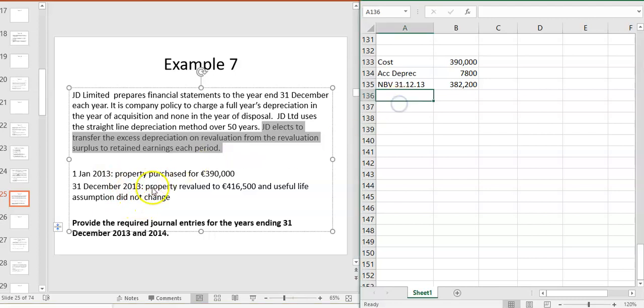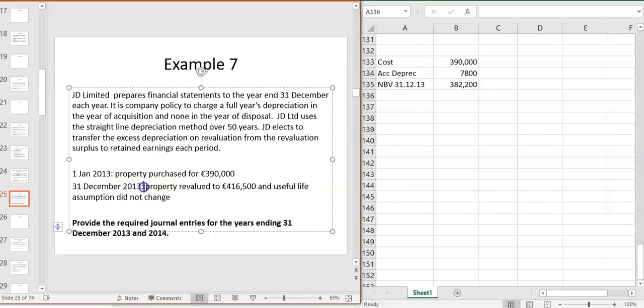Right? And remember, because the revaluation is at the end of 13, we charge depreciation as normal for 13. We only charge depreciation from 14 onwards based on the revaluation amount. So be careful of whether valuation starts at the start of the year or the end of the year. That will dictate when depreciation gets charged and on what number.